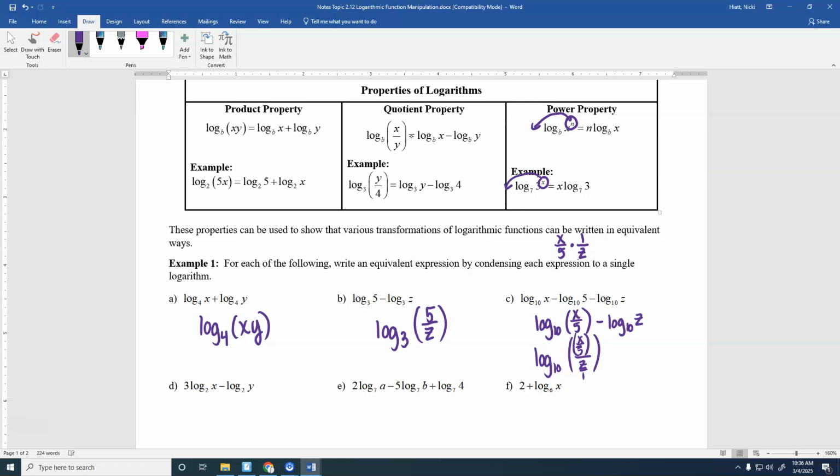And to multiply fractions, you just multiply straight across. So you'll get x divided by 5z. So this would equal log base 10 of x divided by 5z, and that is probably what you would see as the answer choice there.